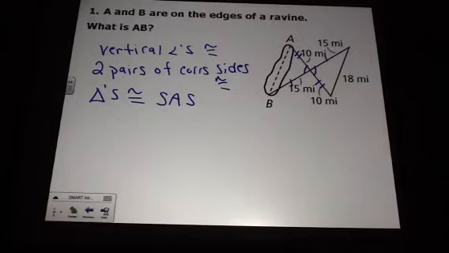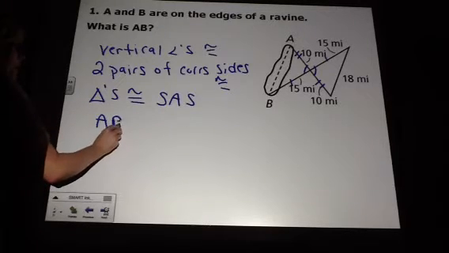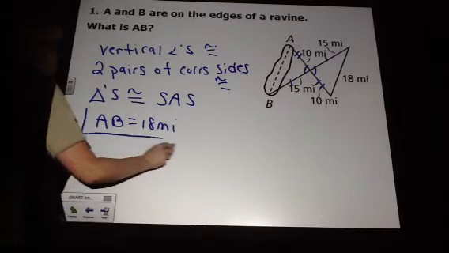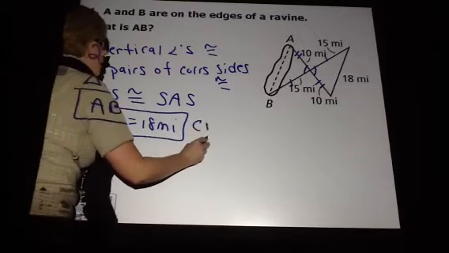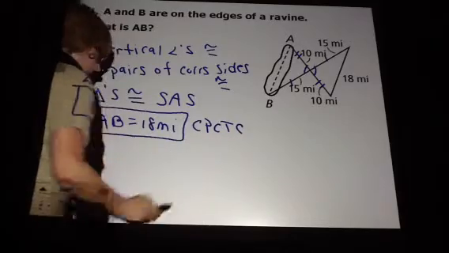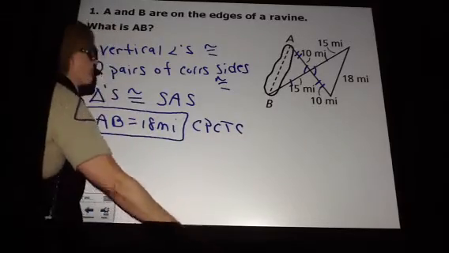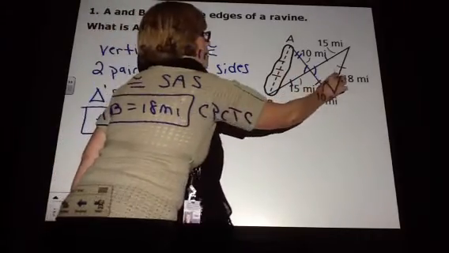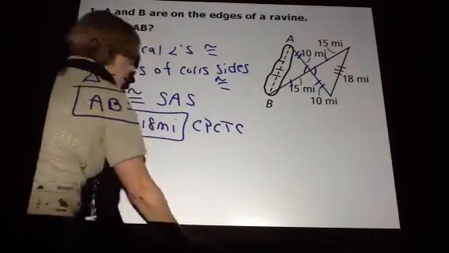Once we say those triangles are congruent, we can say that AB equals 18 miles because of CPCTC. Once we prove the triangles congruent, then these corresponding sides right here have to be congruent.